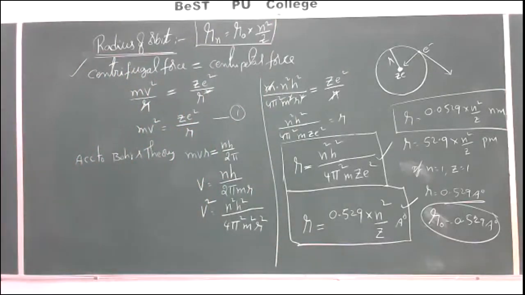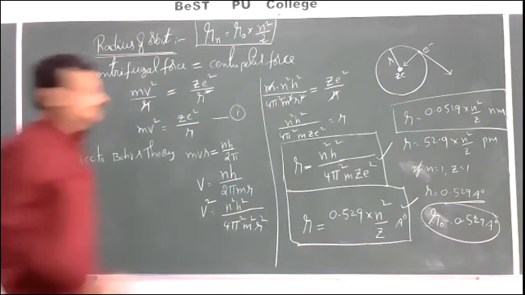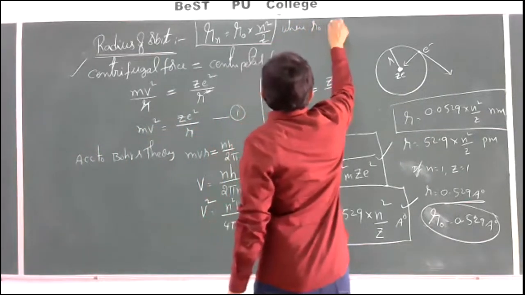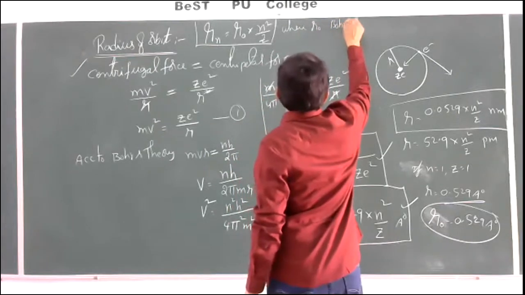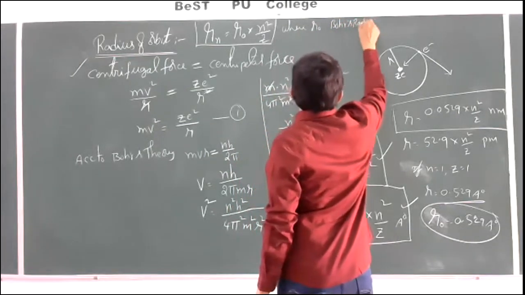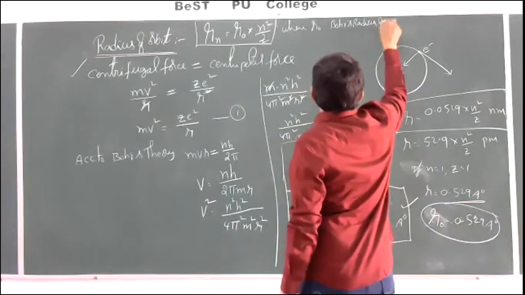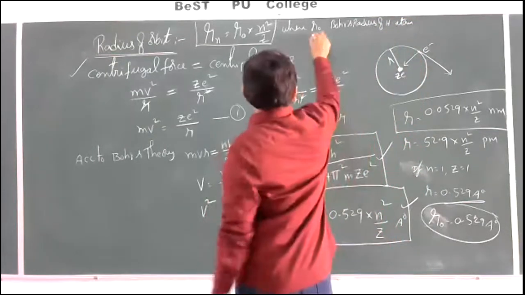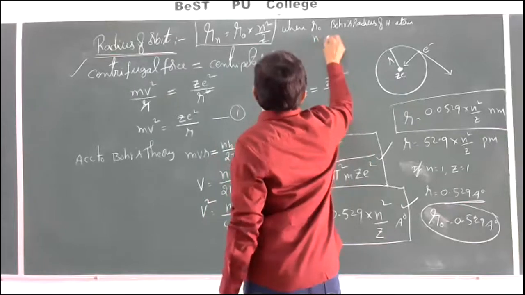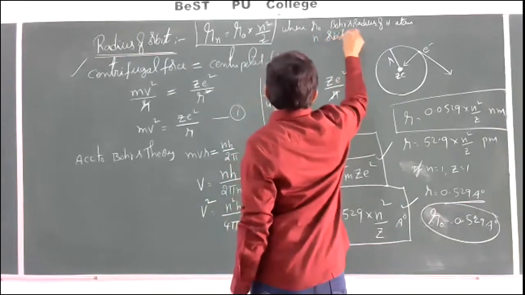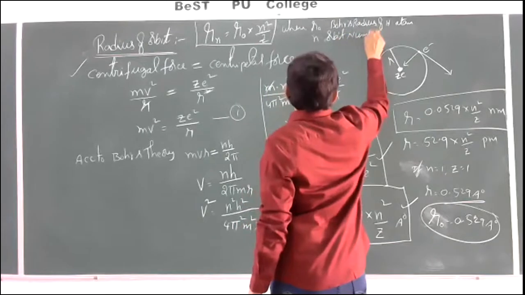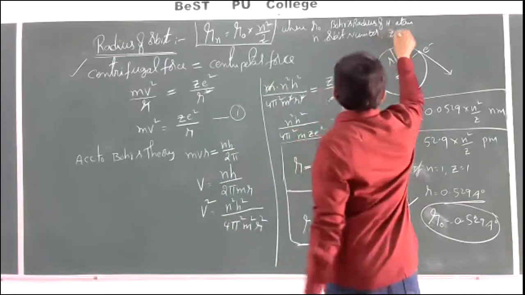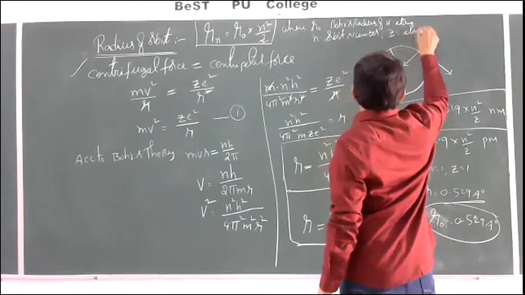R is equal to R naught into n square by z, where R naught is the Bohr's radius of hydrogen atom, n is the orbit number, and z is the atomic number.